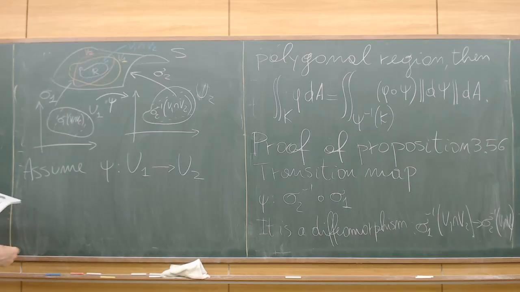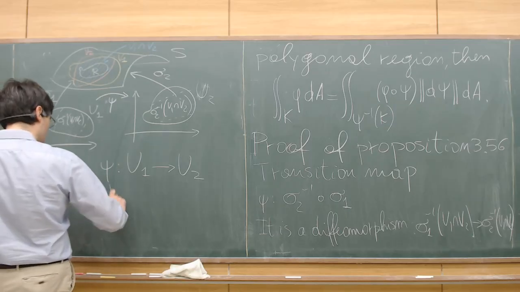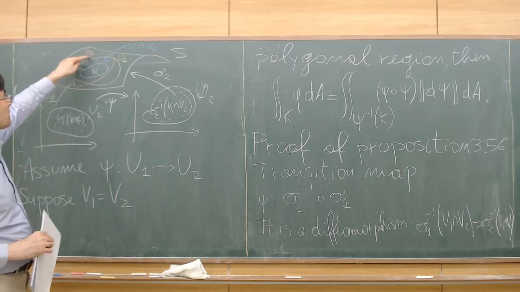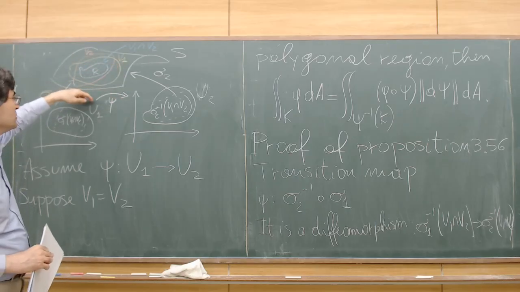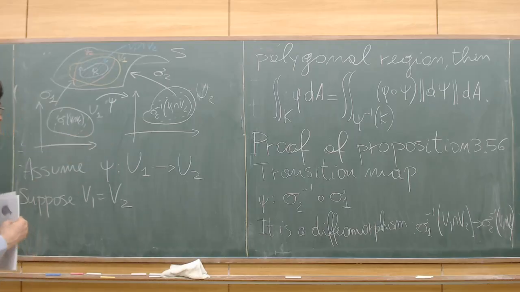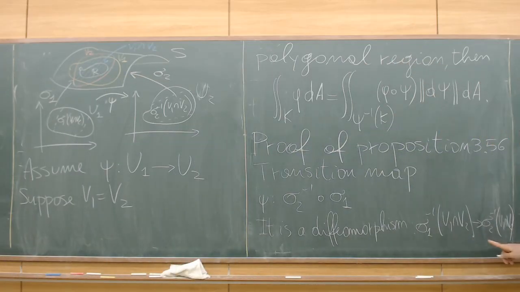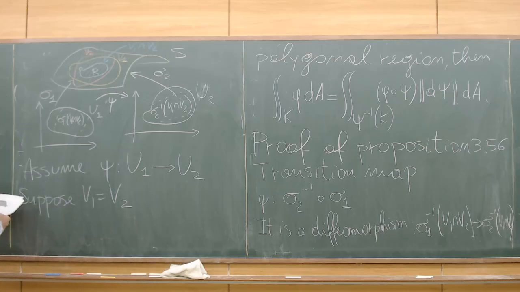So precisely you can suppose that V1 is equal to V2. So you shrink the images of U1 and U2, and automatically you are shrinking also U1 and U2, and you get that these two sets are exactly U1 and U2.